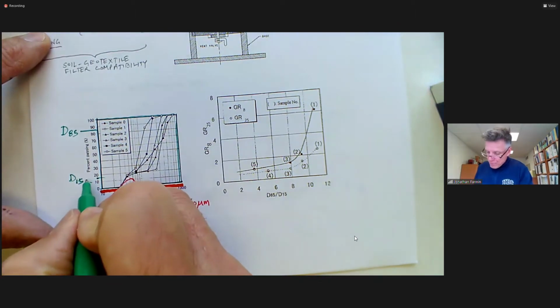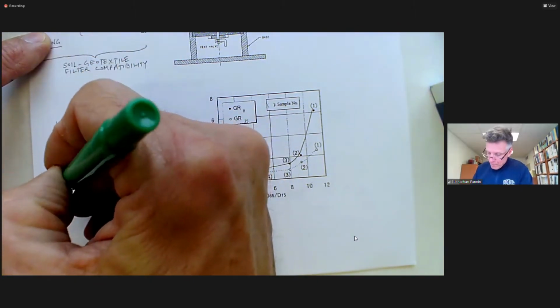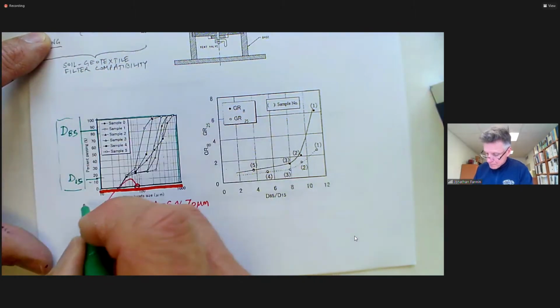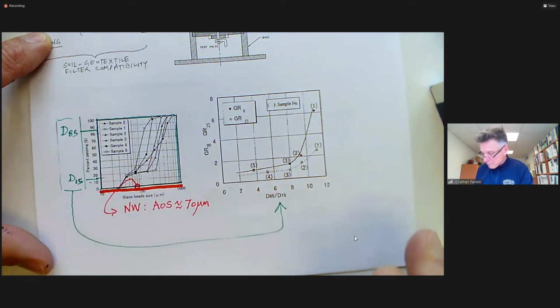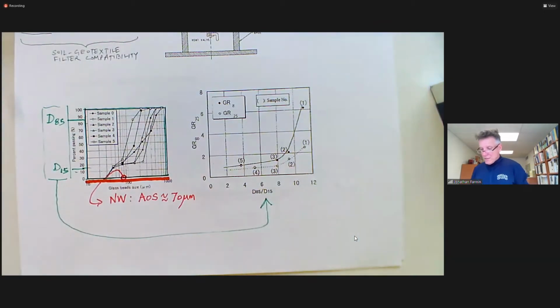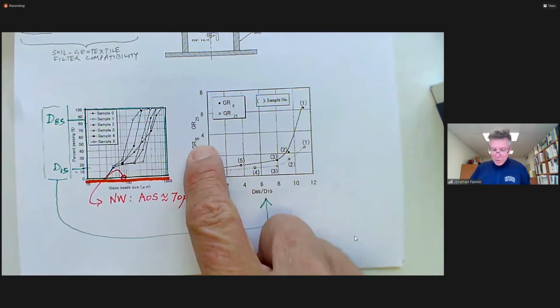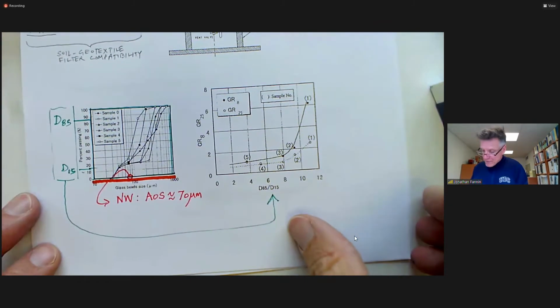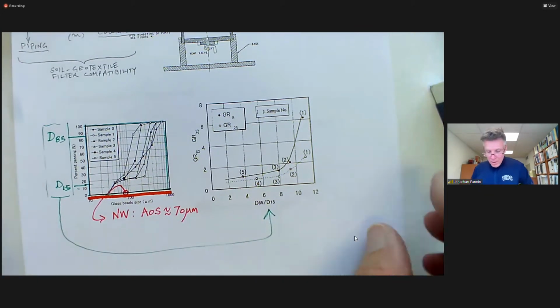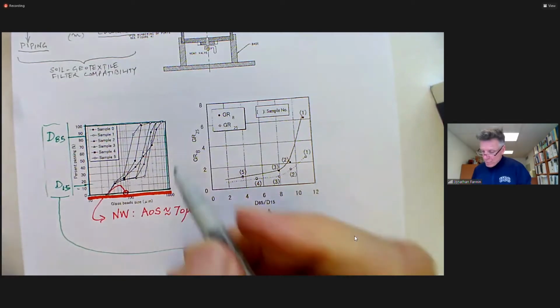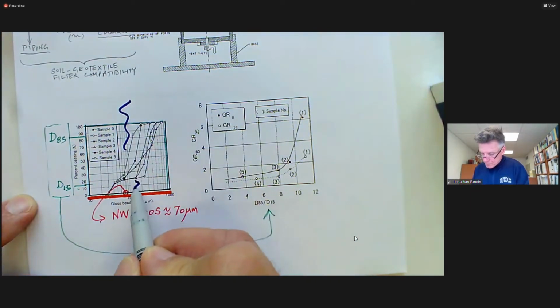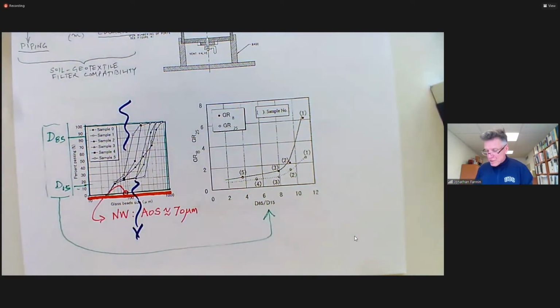That ratio we can plot down here. And the gradient ratio is plotted on the y-axis. And these seepage tests were run with downward flow through the soil across the geotextile.